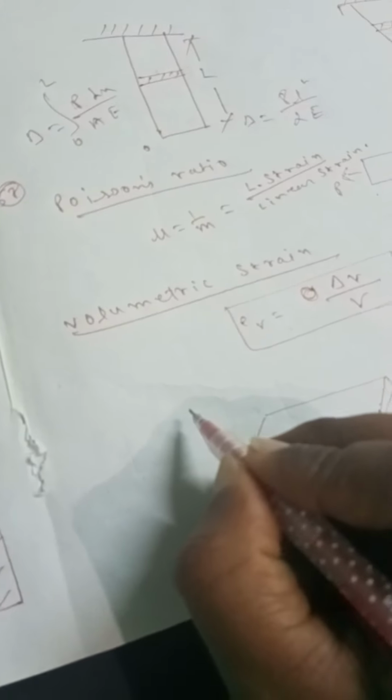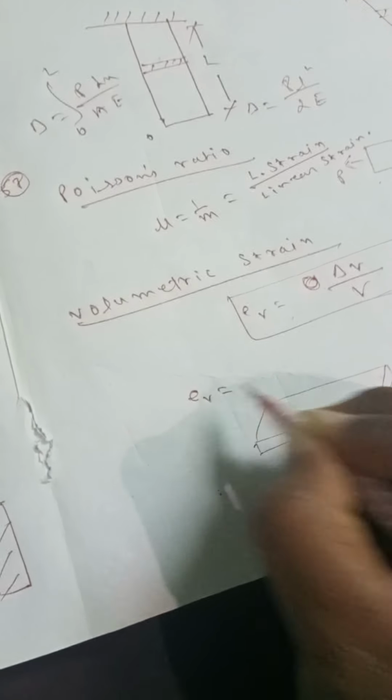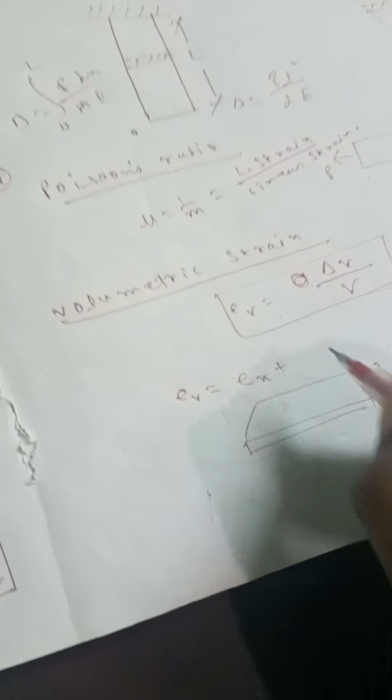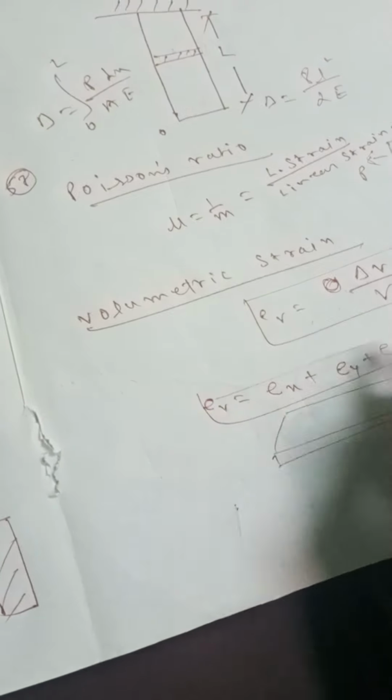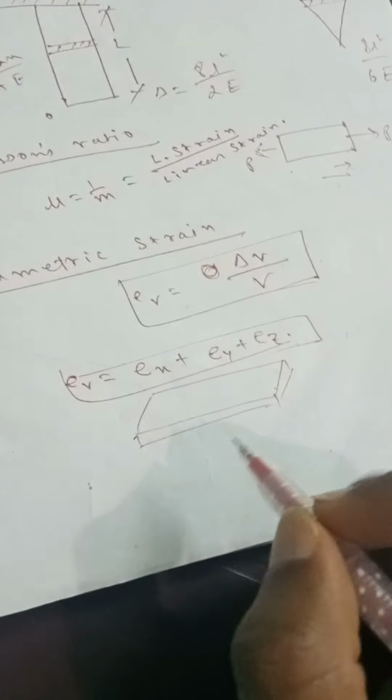an important definition is that volumetric strain is the sum of strain in three mutually perpendicular directions. Suppose there is a rectangular bar.